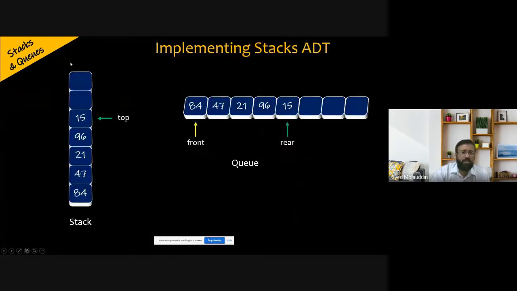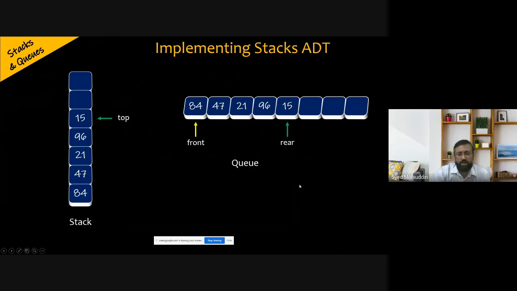On your left hand side you have something known as a stack. In a stack, one end is closed and the items can be inserted only from one end. That is known as the top of the stack, and it works on the principle of last in, first out, LIFO. The last element which is inserted is the element which is taken out.